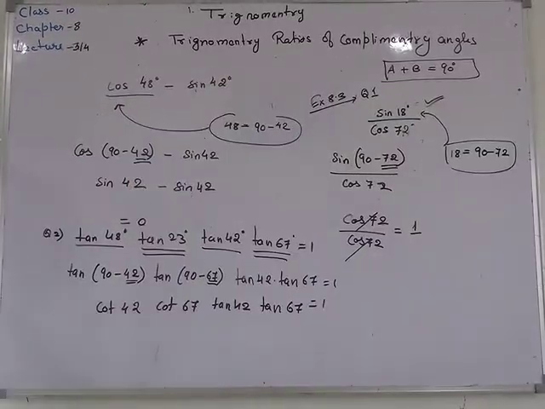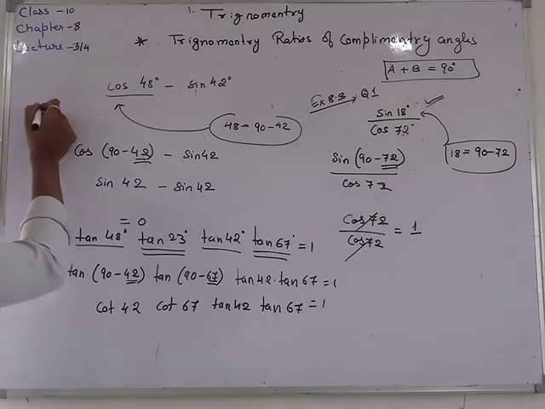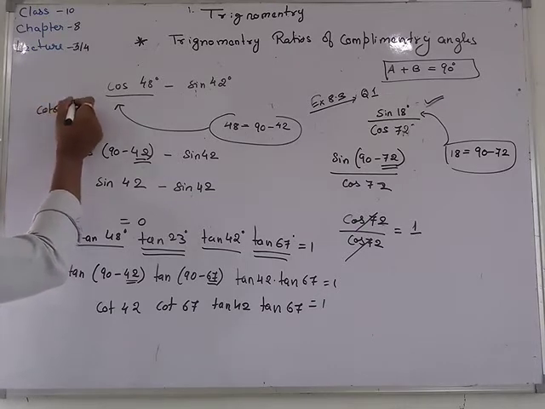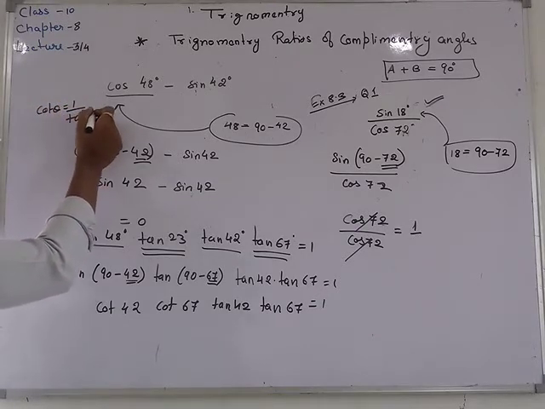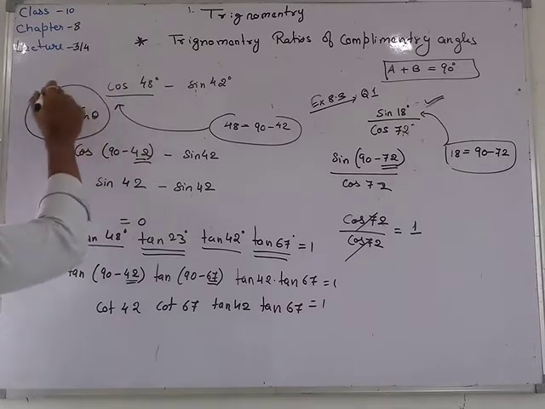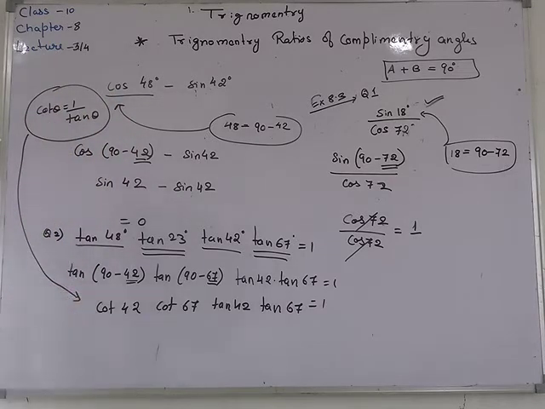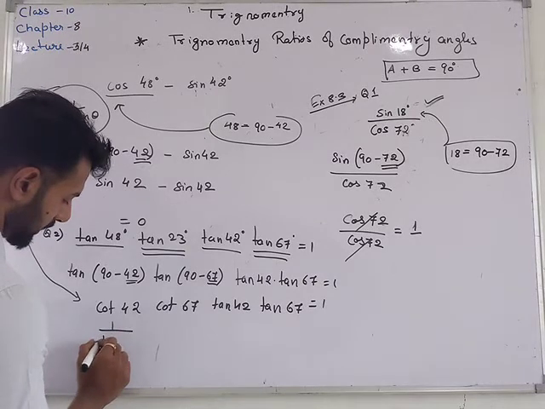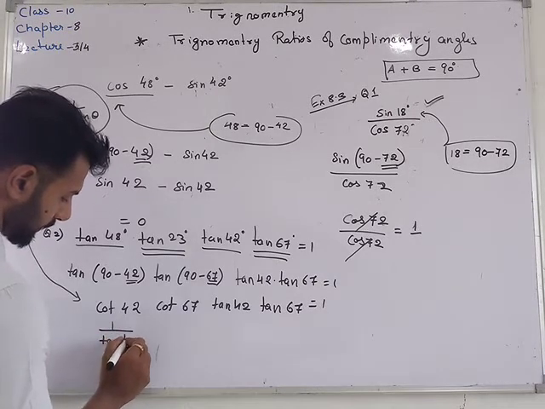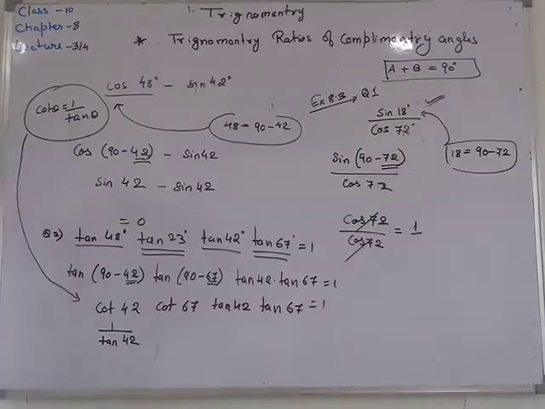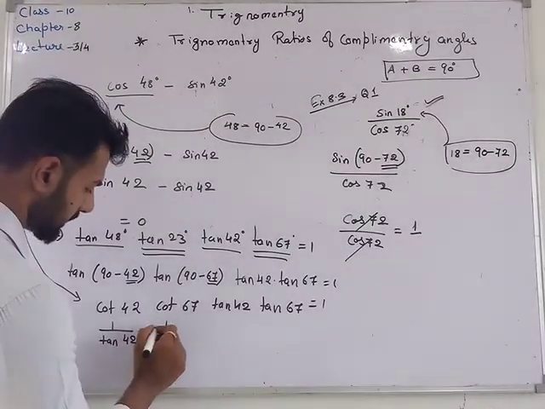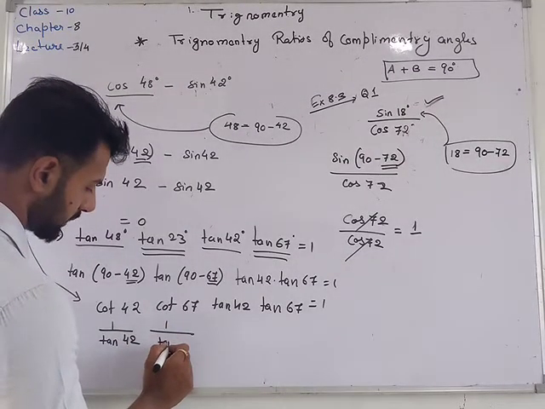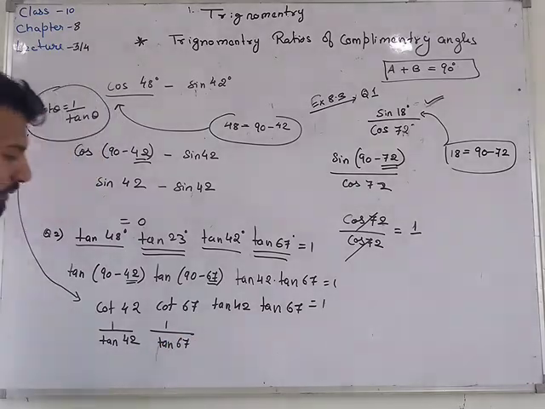Now cot theta can be written as 1 upon tan theta. Substituting this value, cot 42 is 1 upon tan 42, and cot 67 is 1 upon tan 67.